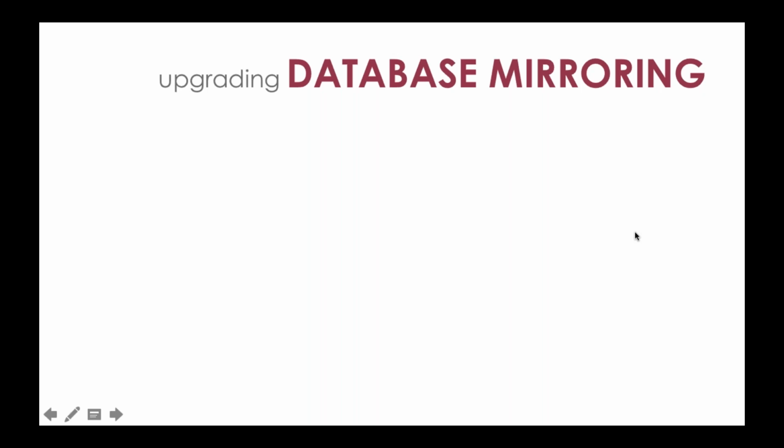I'm pretty sure that your CFO or your CIO or your CTO might not be in favor of that. Plus, understanding how you could do upgrades with a database mirroring configuration can help you deal with upgrades when you look at availability groups. So let's look at how you upgrade a database mirroring configuration.